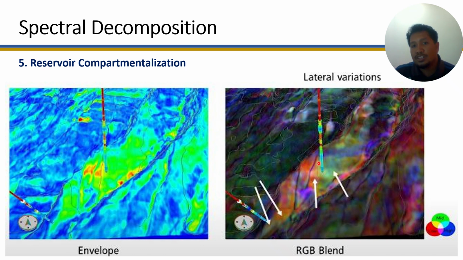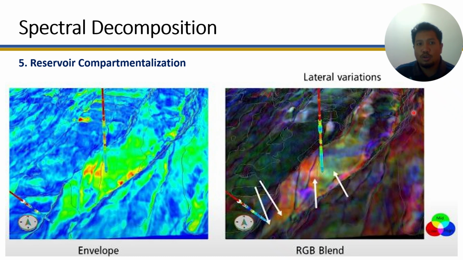If we look at the RGB blend of the same reservoir, we can see a lot more detail and a lot more color variations coming through across the reservoir. So we can see very clearly that we have got a cross-cutting channel coming from here in blue, and we can also see faults that are clearly visible, not only the dark north-south faults, but also very subtle east-west faults down on the left-hand side near the tip of the reservoir.